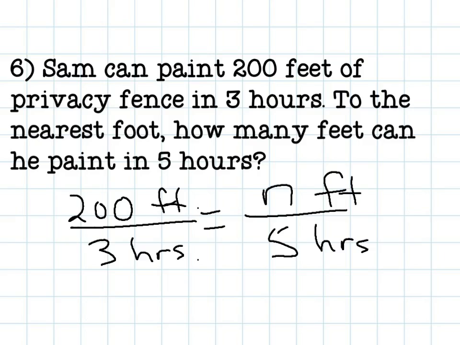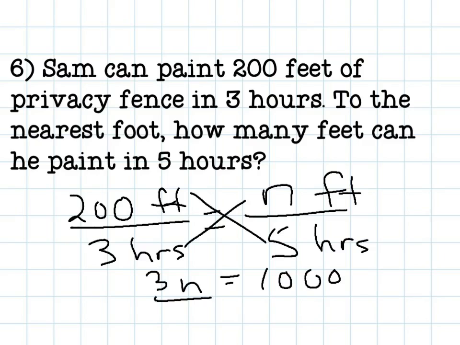We put the 5 in there, which means that feet is missing here, so the variable will go in the missing spot. Now, one of the key things I want to point out to you in this particular problem is it says round it to the nearest foot. Many times when it's telling you that, it's letting you know that it will not come out to a whole number. So we need to do some estimating and rounding when we're done. So here you cross multiply. You get 3n equals 1,000.